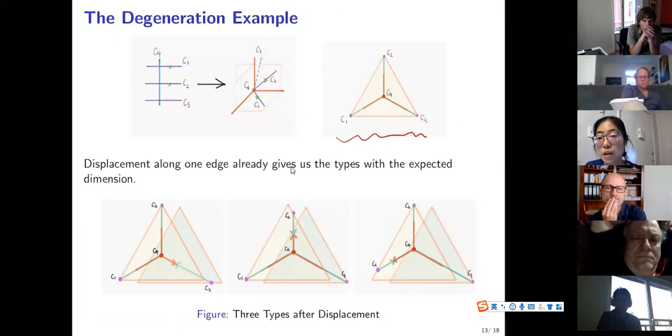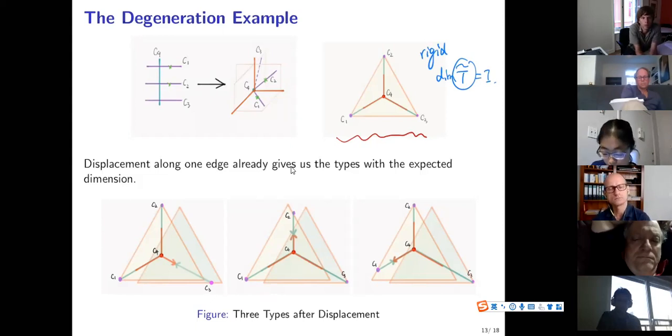And by a dimension count, we actually realize that the expected dimension on the separate types will be just one dimension higher than the dimension that we already start with. And the reason is that this is a rigid tropical map, and the tau associated to it has dimension equals 1.